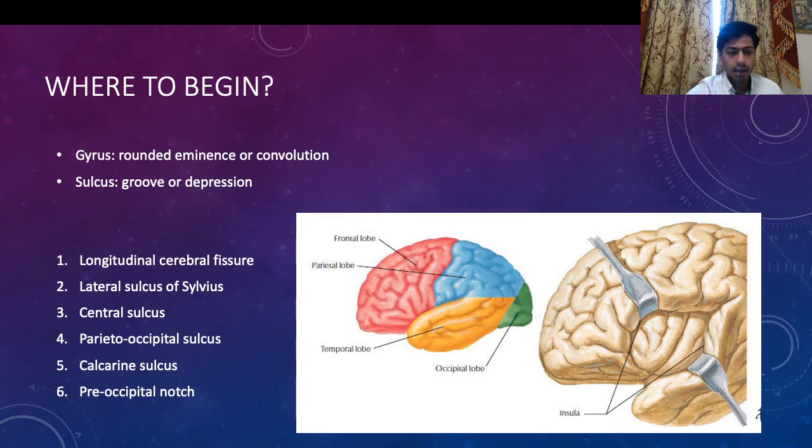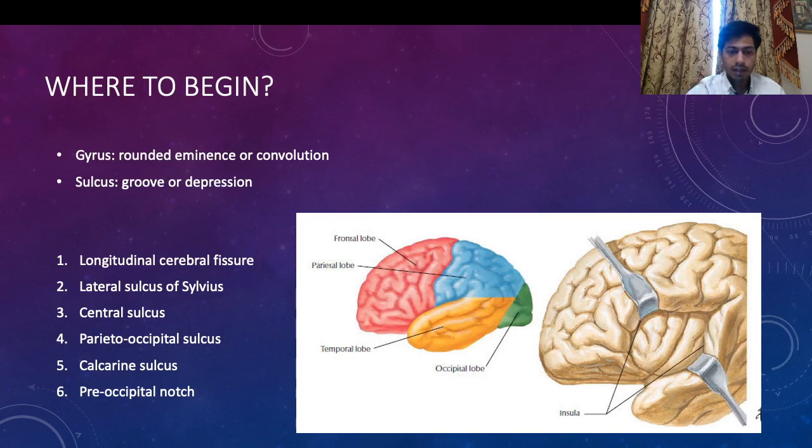We have six different landmarks which are very visible, and are landmarks to start from and possibly expand on. When we locate these six landmarks, we can become more spatially aware of what we're dealing with and where we are, because as you all know, not every brain looks like a textbook brain.